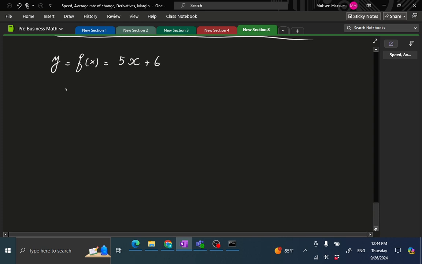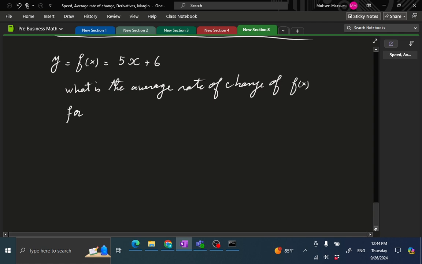I ask what is the average rate of change of f of x or y for x in interval from 2 to 7.